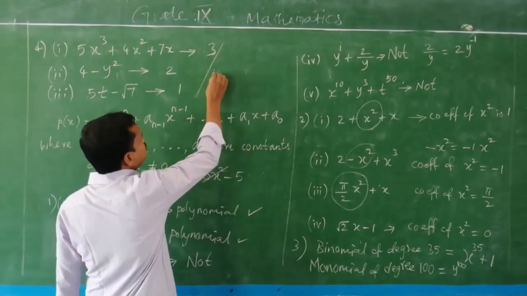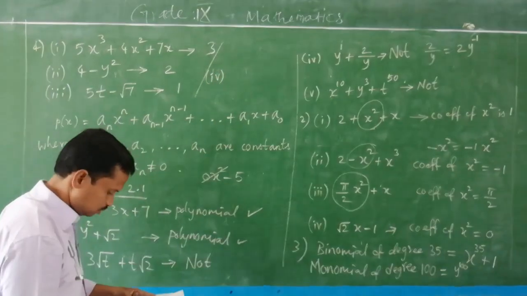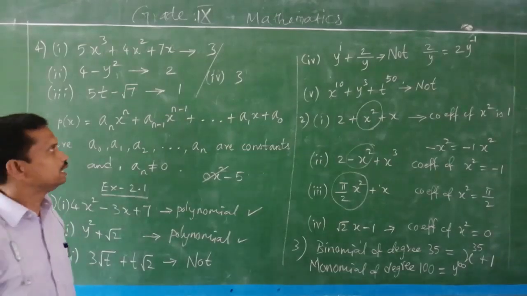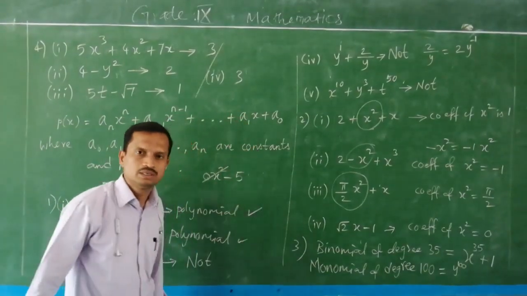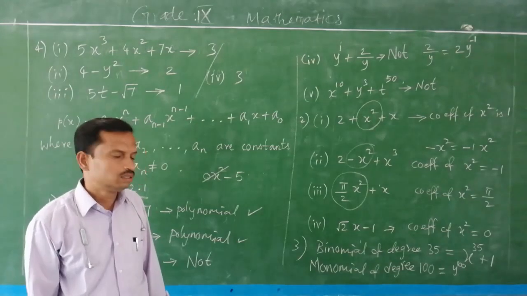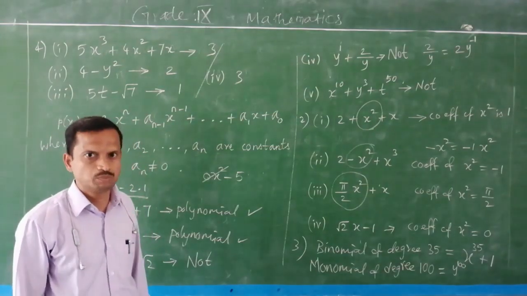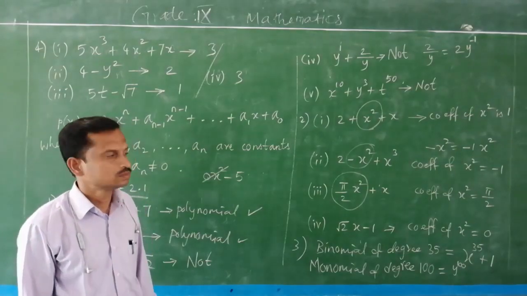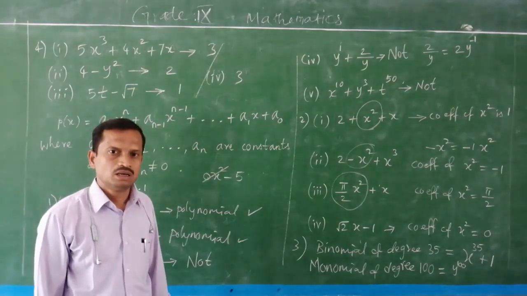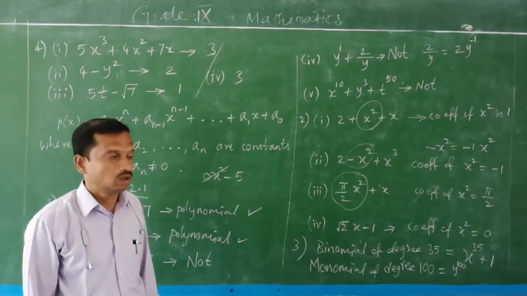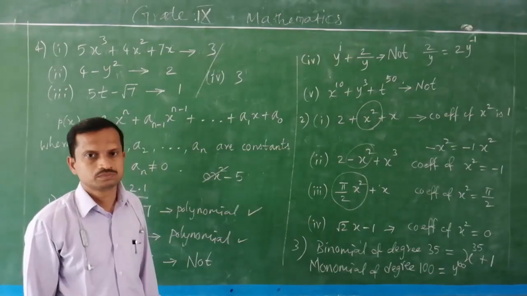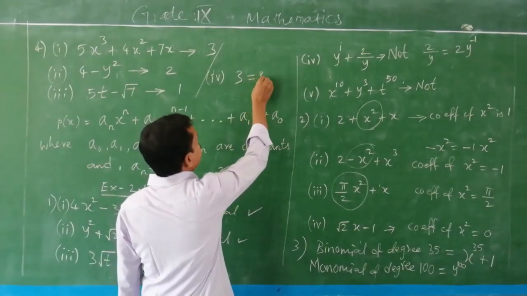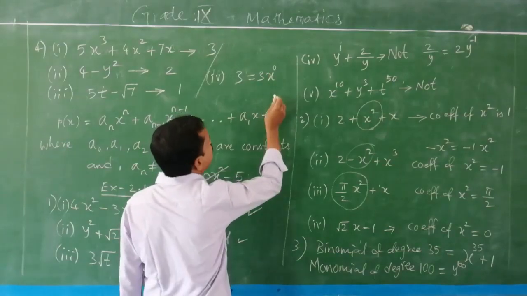Coming to option 4, it is given only the number 3. Can you say the degree of this 3? I already explained that it is a constant polynomial. The degree of a non-zero constant polynomial is 0, because you can write this as 3 into x power 0.